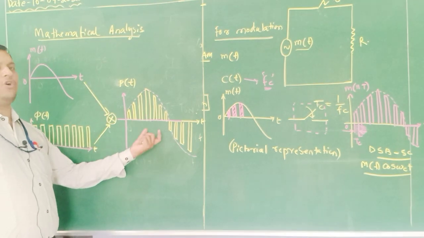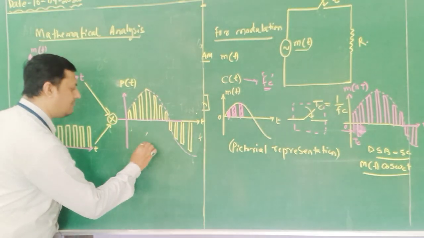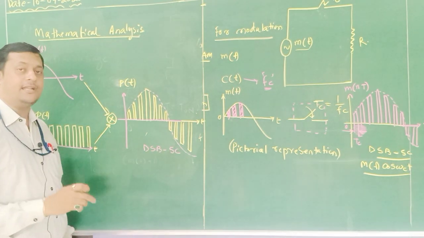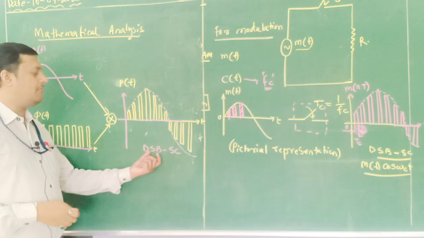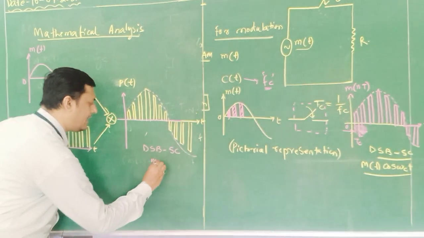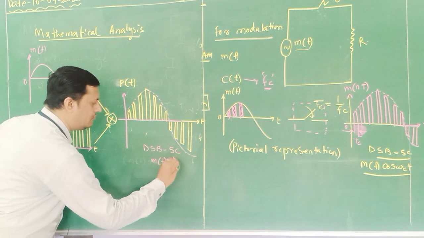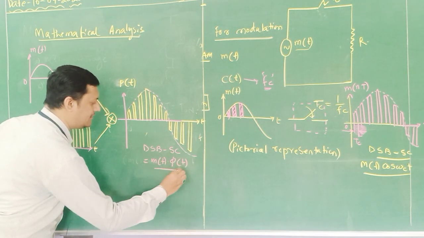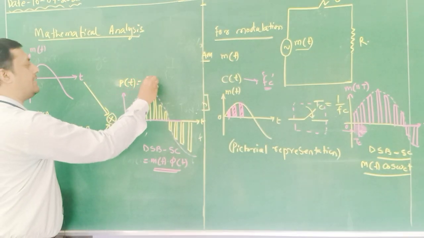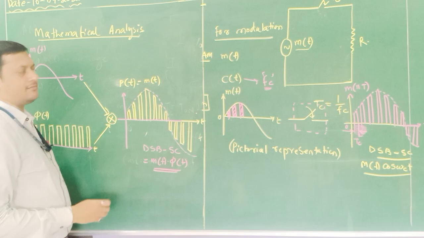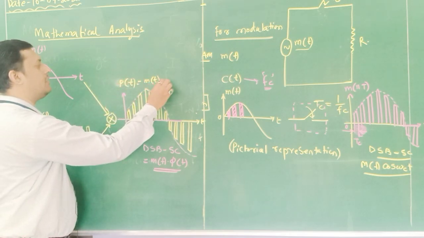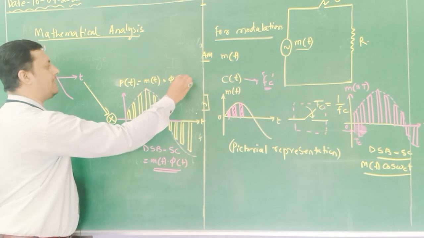So whatever output I am getting is nothing but DSB-SC, a double-sideband suppressed carrier. Double-sideband suppressed carrier means the presence of m of t into phi of t. This is the message component we are getting at the output of R, or the potential drop at R is p of t, so m of t into phi of t.